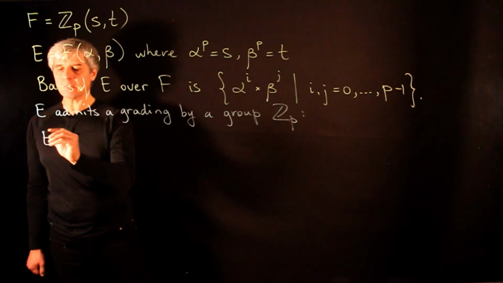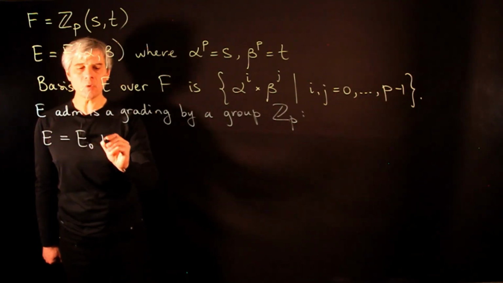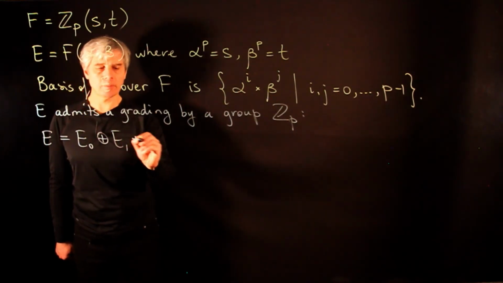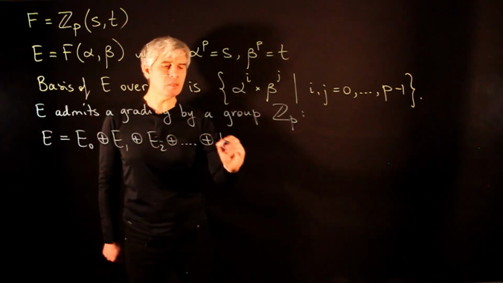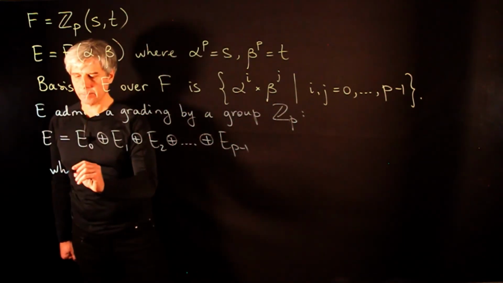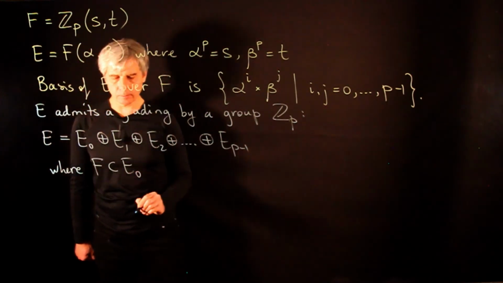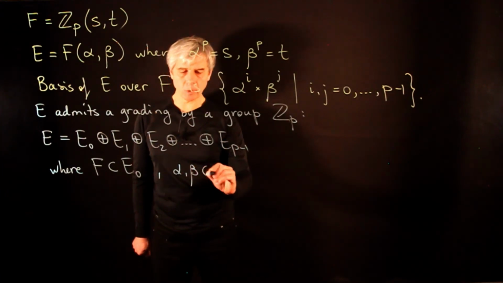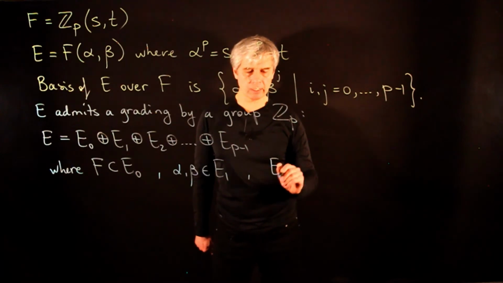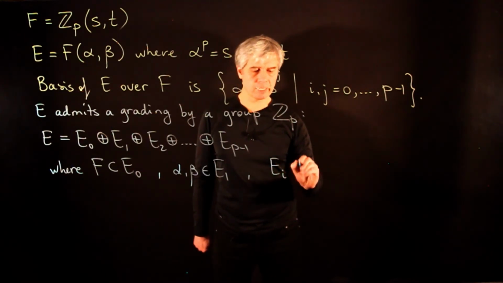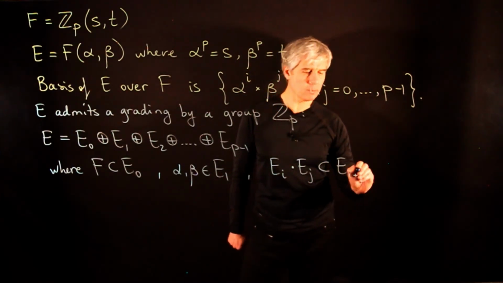This means that as a vector space, E decomposes into the direct sum E0 plus E1 plus E2 plus up to E_{p-1}, where F sits in the component E0, alpha and beta belong to component E1, and we have a multiplicative property that E_i multiplied with E_j will belong to E_{i+j mod p}.